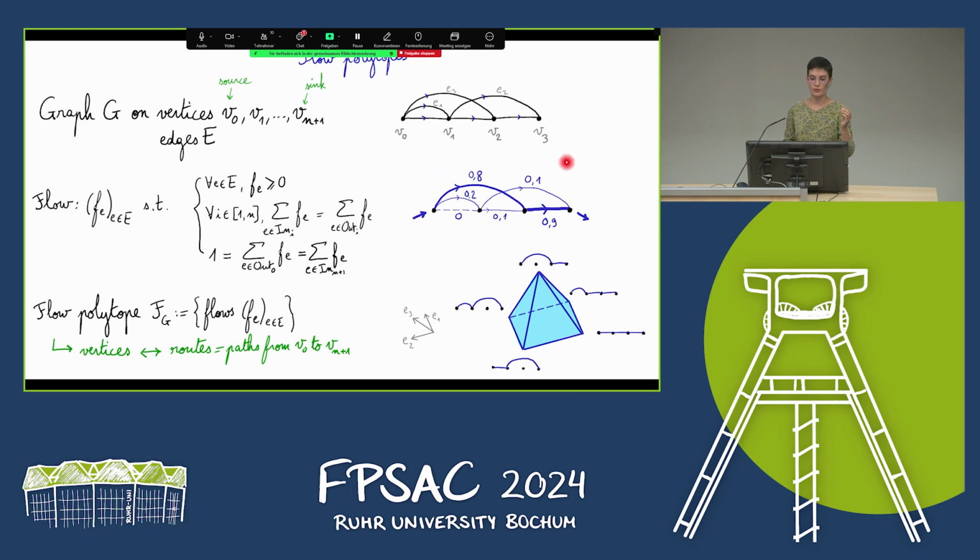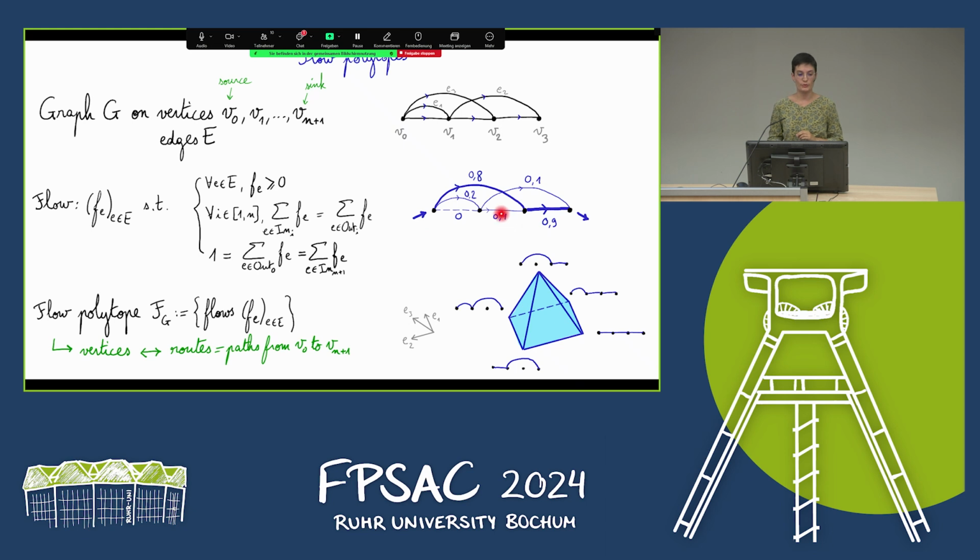When we have such a flow, we can see this as a point in the space of edges of the graph. And when we collect all the possible flows on our graph, we obtain a polytope, which is called the flow polytope of the graph. And some geometric properties of this flow polytope can be understood with combinatorial properties of the graph.